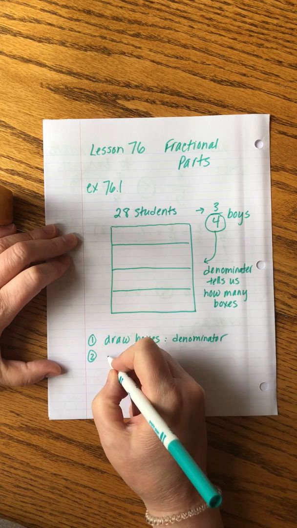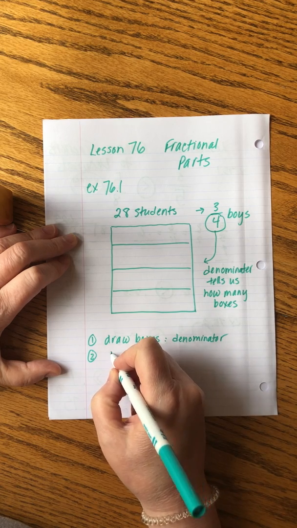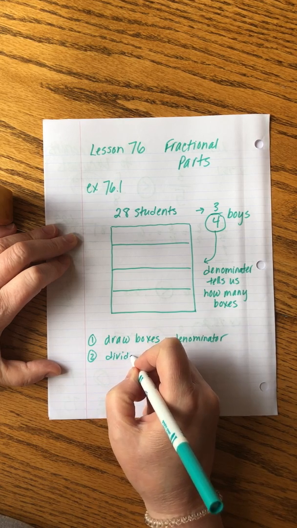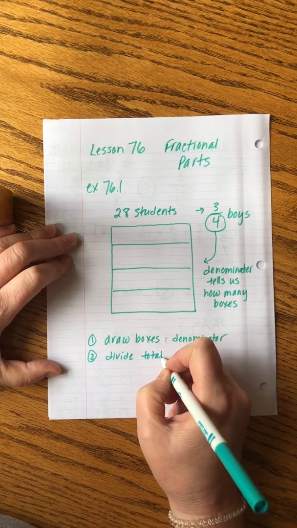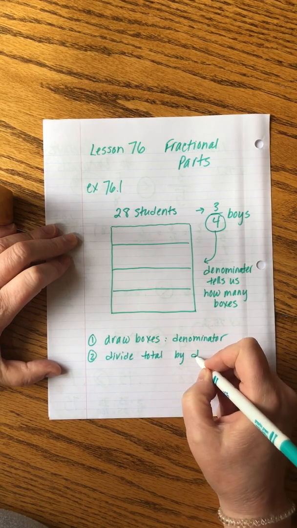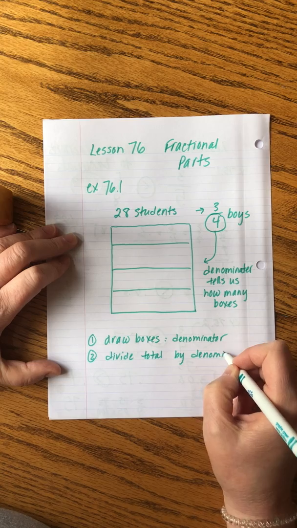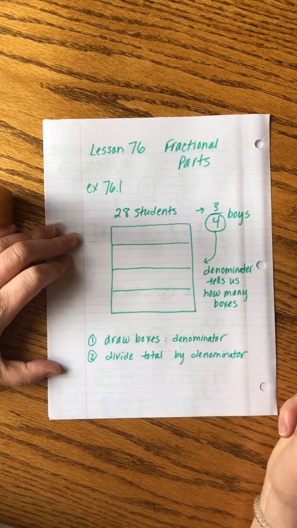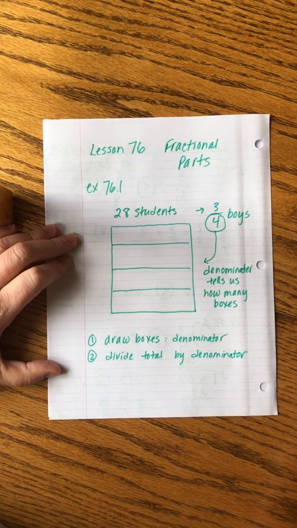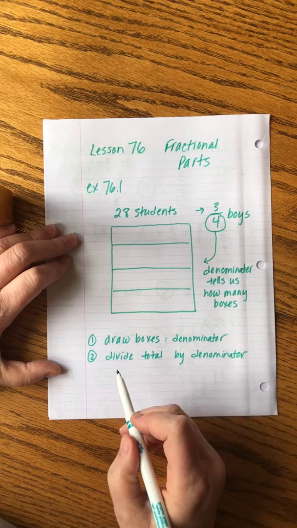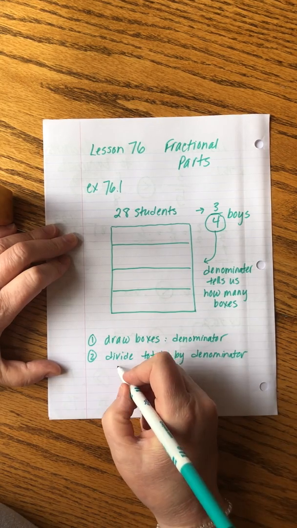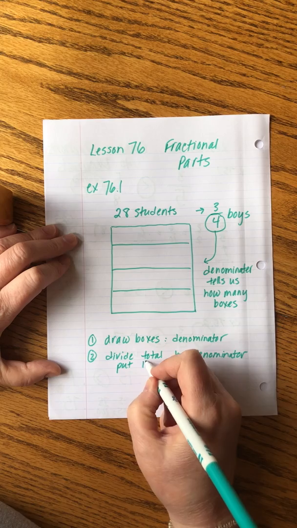Step 2 is to divide the total by the denominator. Sorry, it's so boring when I write it out in words, but this is the time when I think you'll benefit from it. You divide the total by the denominator and put that number in each box.